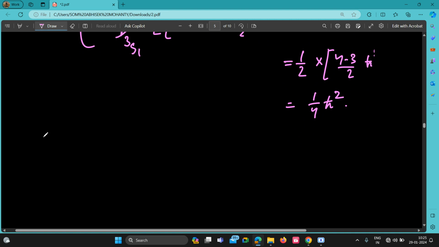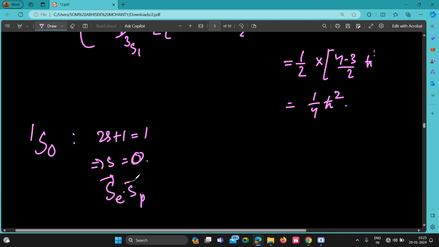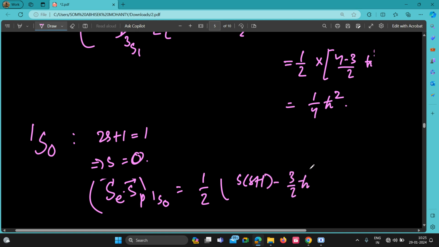Now for 1s0, the other one is 1s0. 2s plus 1 value is 1, so s is equal to actually 0 here, right? S is 0. So for that, SC dot SP value for 1s0 is equal to half s into s plus 1 minus 3 by 2 h cut square.